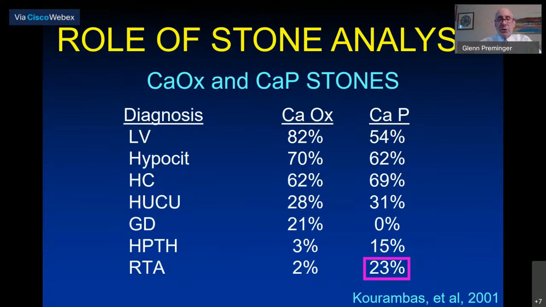Because the majority of patients with calcium phosphate stones have a very alkaline urine, it is no surprise that you would have a higher incidence of RTA and hyperparathyroidism.